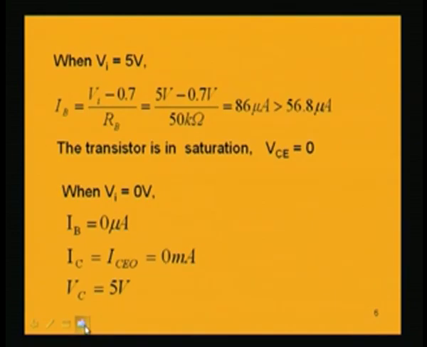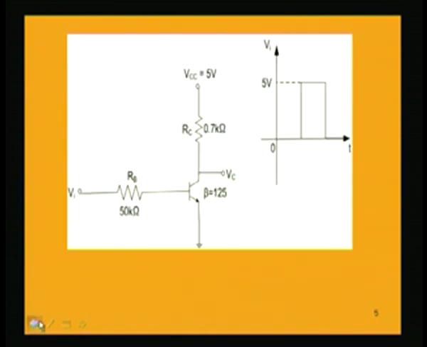In this particular example, we are applying an input voltage between 0 and 5 volt. Let us consider the case when the input voltage is 5 volt, because it is a pulse and can have two values, either 0 or 5 volt. It is a digital type of voltage.